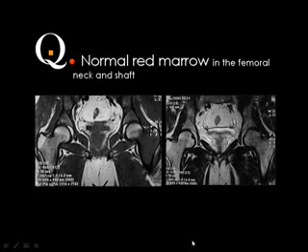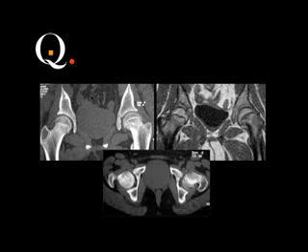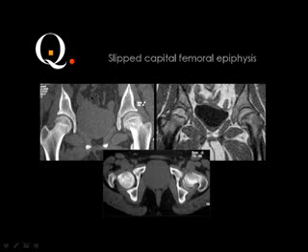Yes. Okay. Slipped capital femoral epiphysis. Left or right? Left. Okay, and it's clearly seen by CT.